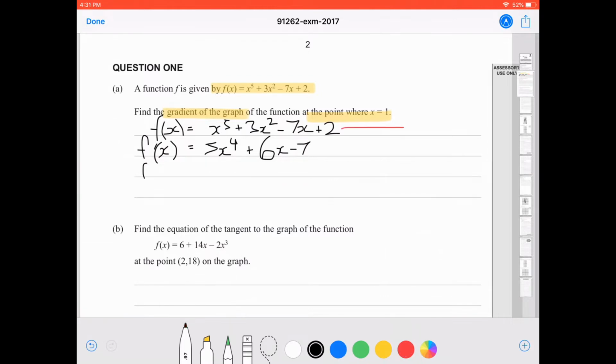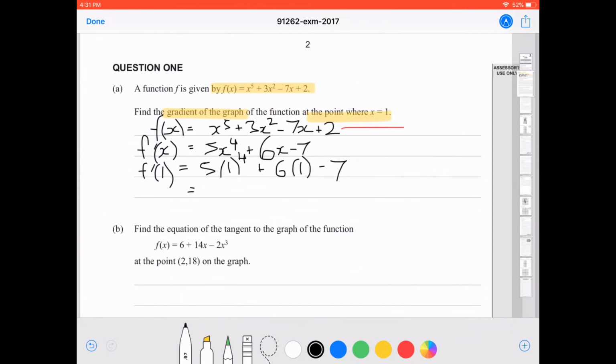So we can say f dash of 1. So we substitute in 1 wherever x appears in our equation. So 5 times 1 to the power of 4 plus 6 times 1 and minus 7.